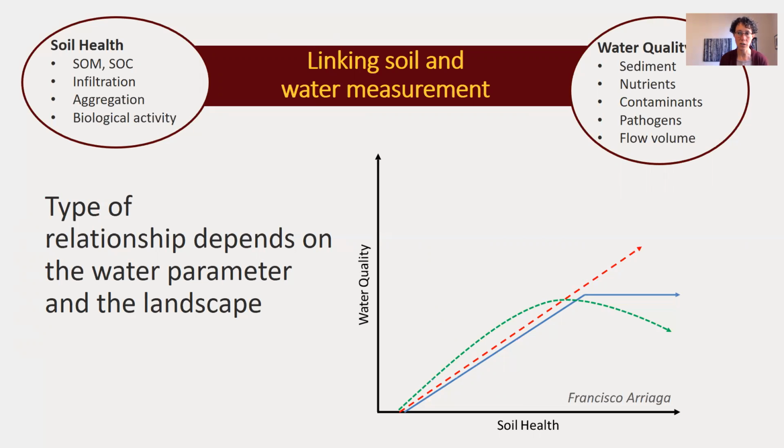As infiltration increases, do watershed phosphorus levels improve to a point and then plateau? Or conversely, nitrogen loads in drinking water might actually increase and get worse as infiltration increases, especially on sandy soils with high hydraulic conductivity. So even though we've got increasing infiltration, which is generally considered improved soil health, it may be having a negative impact on water quality.